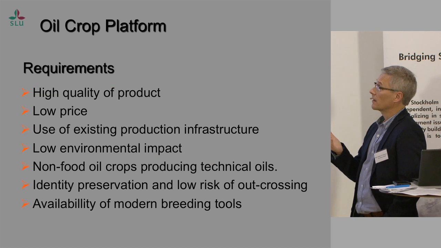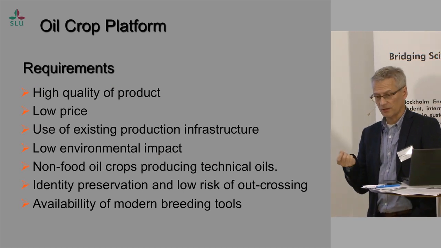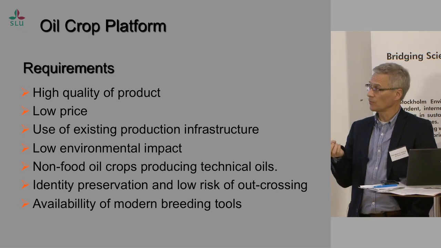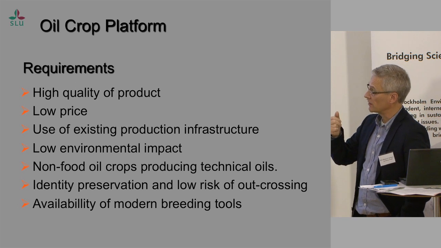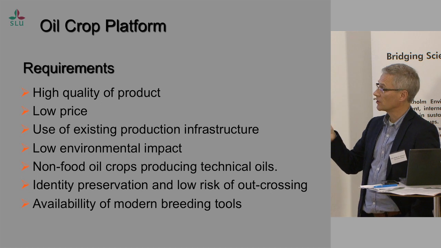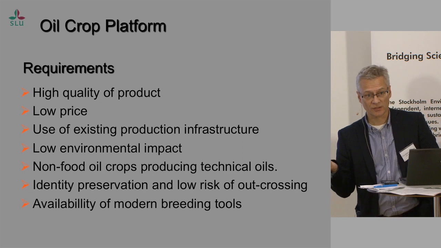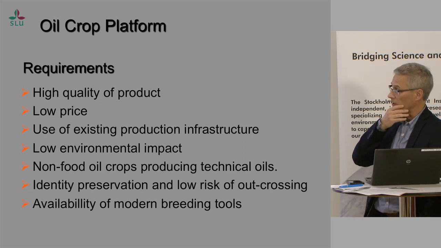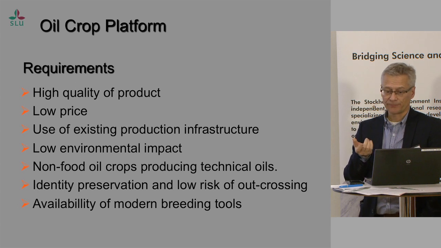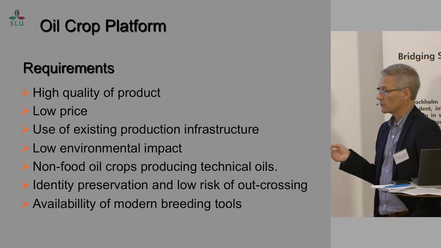When we're looking at what kind of oil crops we should consider for producing these technical oils, we need to have some requirements. The product should be high quality and low price. Use of existing production infrastructure is also of relevance. They should not have an environmental impact. These should be dedicated non-food oil crops producing technical oils.